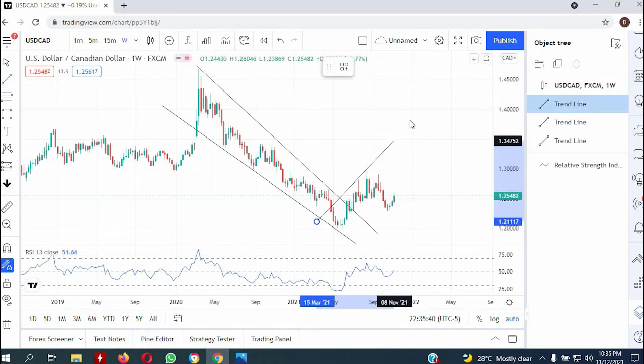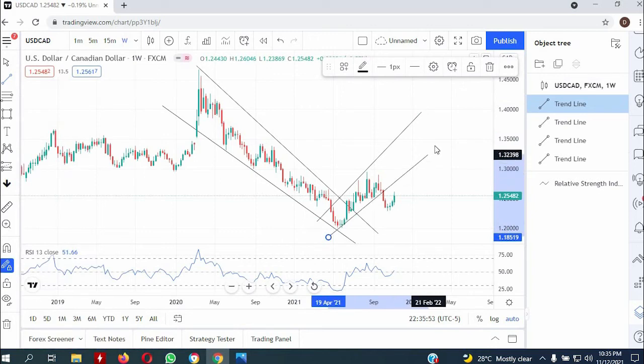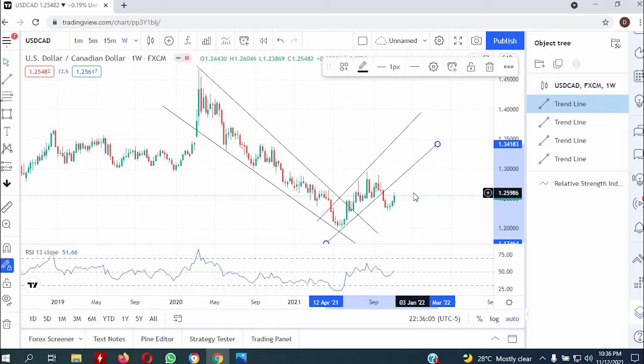Oh, the USD CAD is trying to start an uptrend on the weekly time frame. So basically it's trying to get some sense of direction, right?